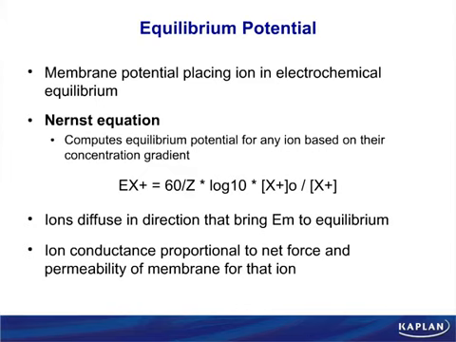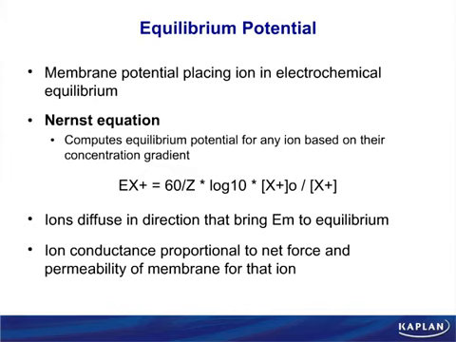All right, is it important for you to memorize the Nernst equation? No, it's not important. You don't have to memorize it. It's based upon the charge and the concentration gradient, but you don't have to memorize it. What you do need to know is that the Nernst equation calculates the equilibrium potential.